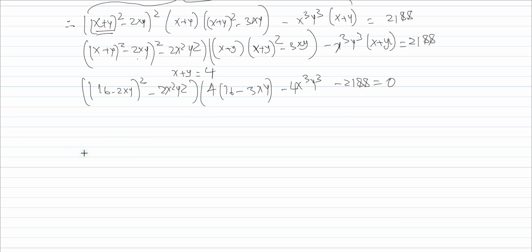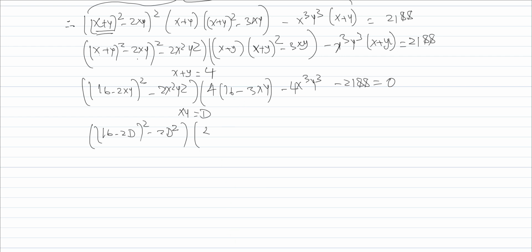So now, guys, I'm going to say that xy is equal to d. Okay, so now we're going to have 16 minus 2d squared, minus 2d squared, and this will multiply 4.